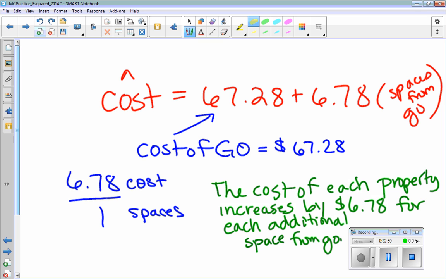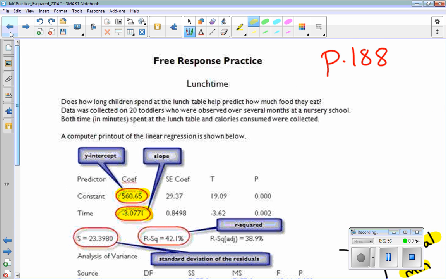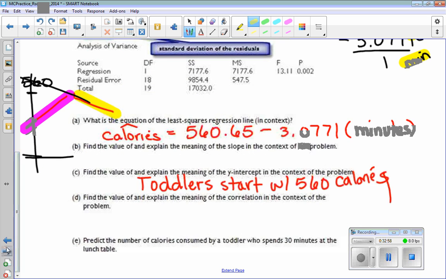Okay, so let's go back to the free response part here. Let's scroll down. For D, find the value of the correlation. Now we need to talk about where the correlation is in this computer printout. It's not given to us. What is given to us? R squared.